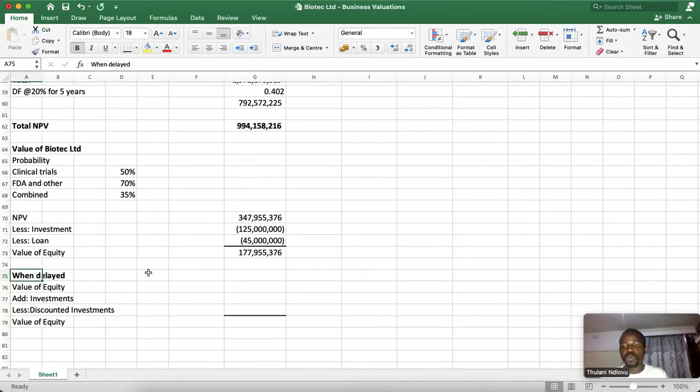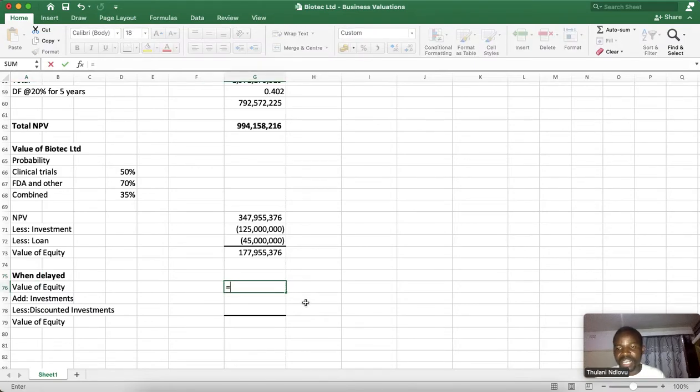Now, when delayed, this means when we delay to invest is to buy that equipment for 125 million. When we delay it until we get the clinical trials and the FDA, we will be delaying that by 1 year. So we have to discount our investment by 1 year, and also our investment will also be affected by now the probability.